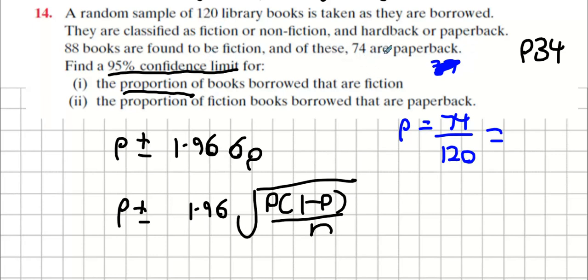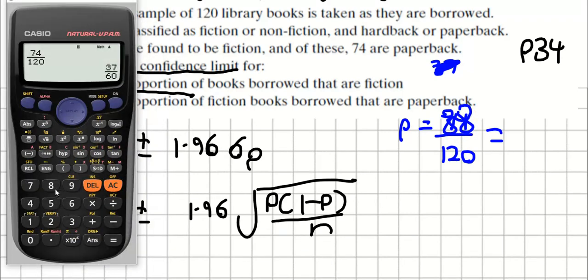Around the time 120 library books taken or borrowed. They are classified in fiction or non-fiction, on hardback or paperback. 88 books are found to be fiction. And of these, 74 are paperback. Oh, two different questions. Find the proportion of books borrowed that are fiction. Yeah, 88 over 120. So what's 88 over 120? 11 over 15. Okay.